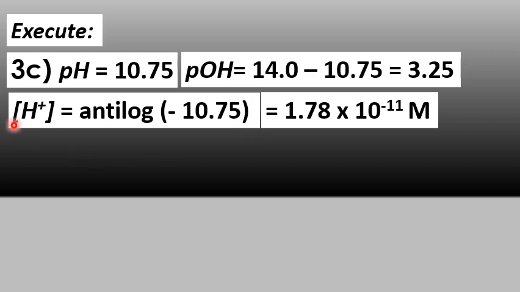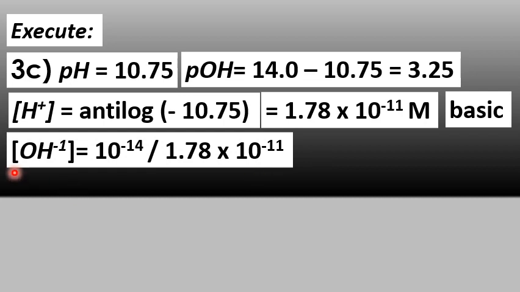That positive hydrogen ion concentration is equal to 1.78 times 10 to the negative 11 moles per liter or molars. So since the pH value is higher than 7, this solution is considered a basic or an alkaline solution.